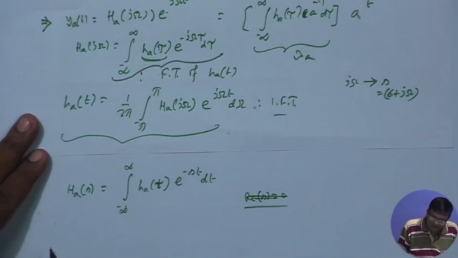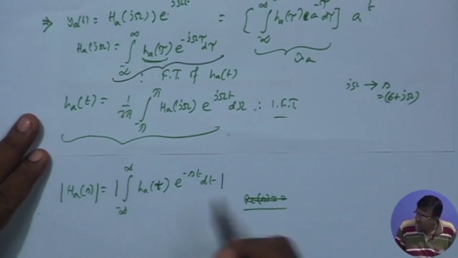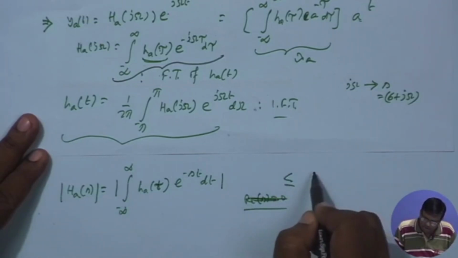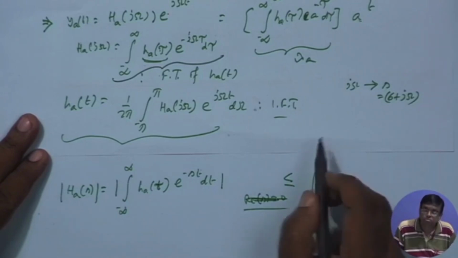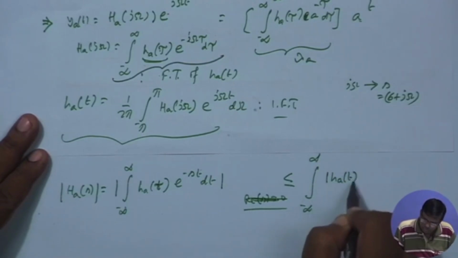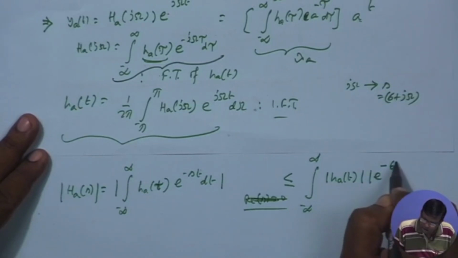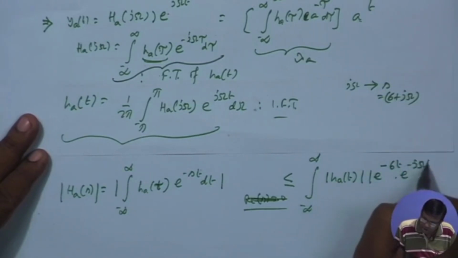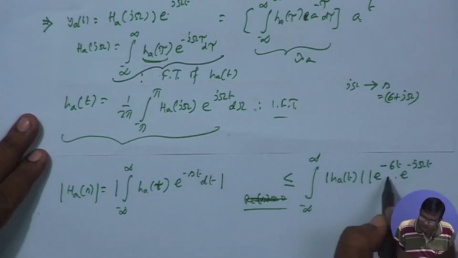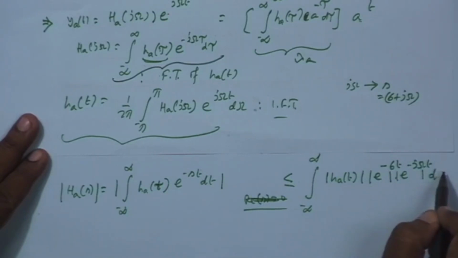Now, for H(s) to exist, this integral should be finite, that means the mod of this should be finite. But mod of this is less than or equal to the integral of mod of e to the power minus sigma t times e to the power minus j omega t, right. s is sigma plus j omega, so we break it like that, e to the power minus sigma t and e to the power minus j omega t, and mod of the product is the product of the mods, into dt.